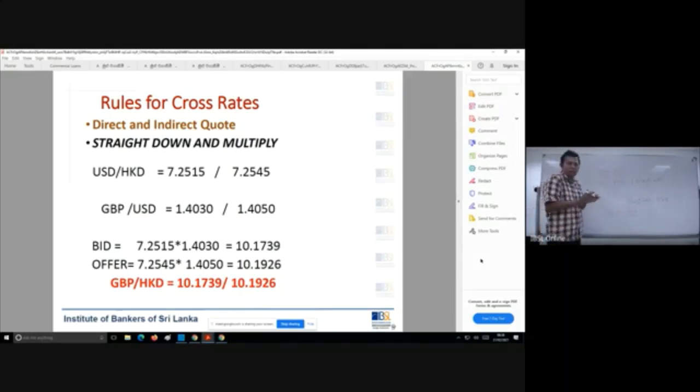What you should do is bring all the given currency pairs to one common platform, with USD on your left hand side. By default it's given as it is, but we have calculated to bring USD on your left hand side.